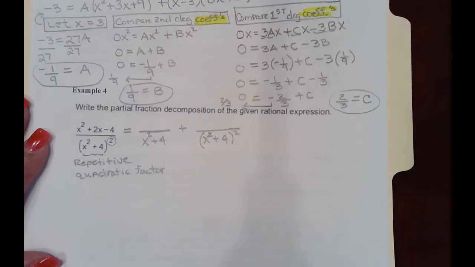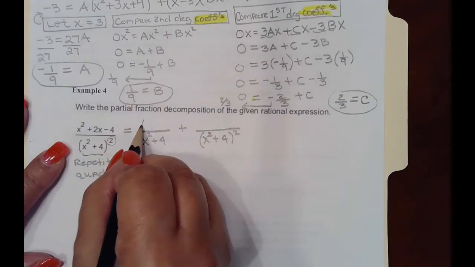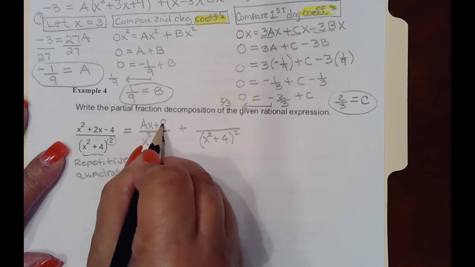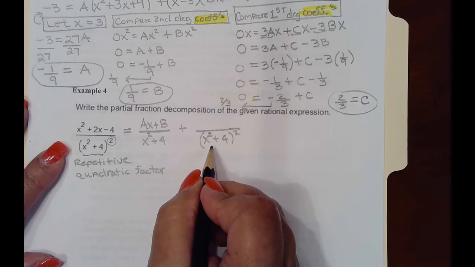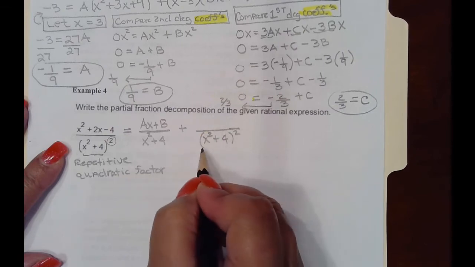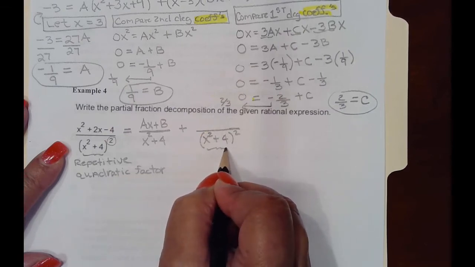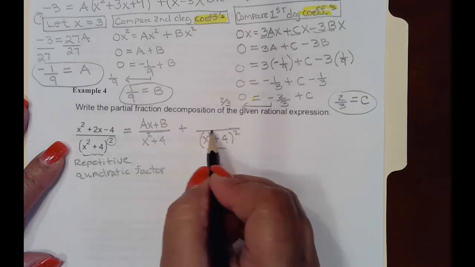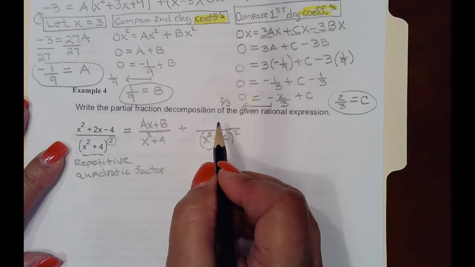So I am going to let this one have the linear expression ax plus b. But this also has to have a linear expression in its numerator because the base is quadratic. Anything quadratic like this gets a linear expression as its numerator.